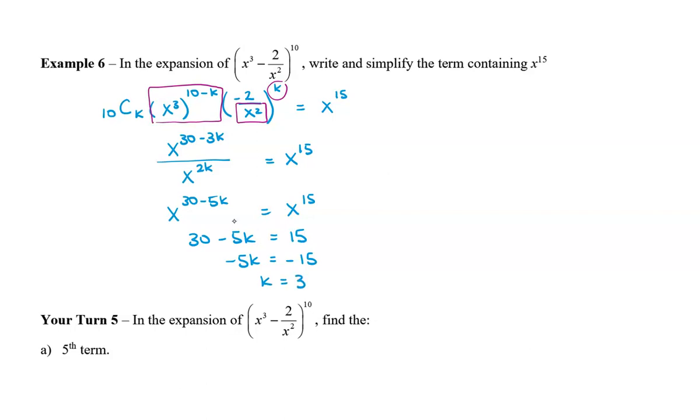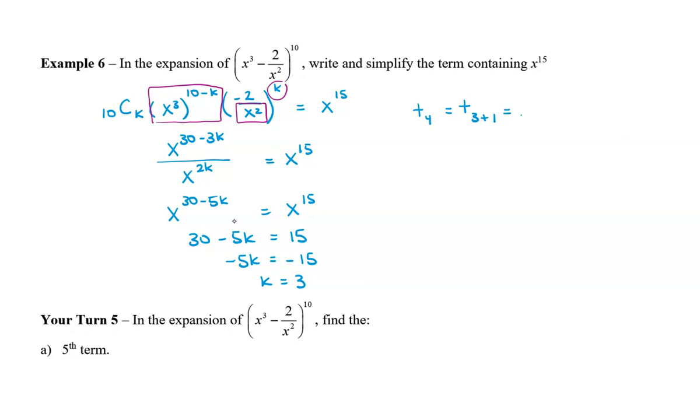Knowing that k equals 3, according to my general term, this would be 3 plus 1, which means I'm looking for the fourth term. It does say to write and simplify the term containing x to the 15th. I'm not just asking what term it is, not just saying it's the fourth term. We actually also want to find what that term is, so we're going to now expand.